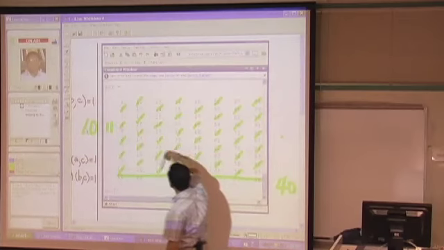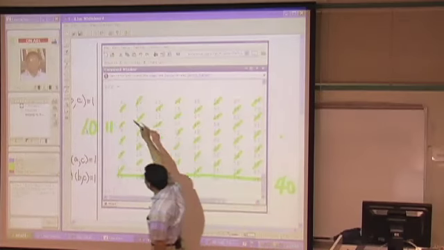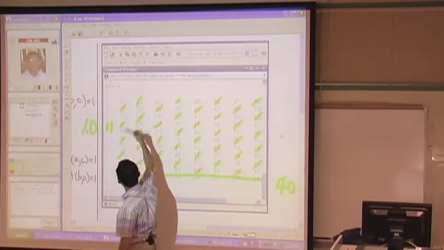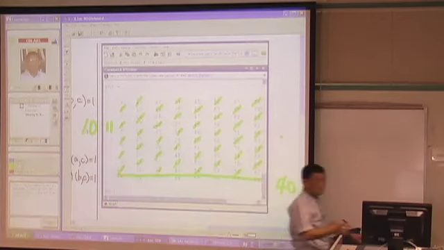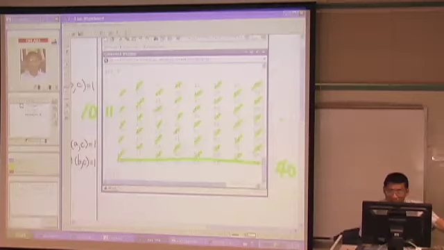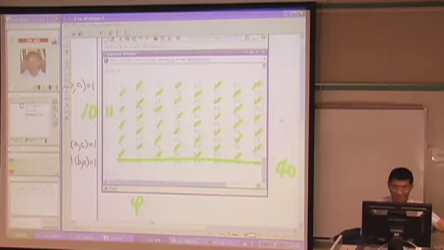Now, how many entries in the column are qualified? 5, right? So, oh, I think something is wrong here.